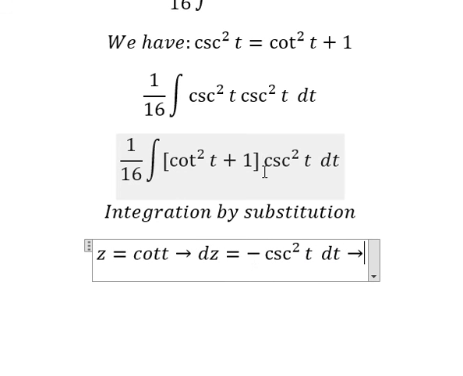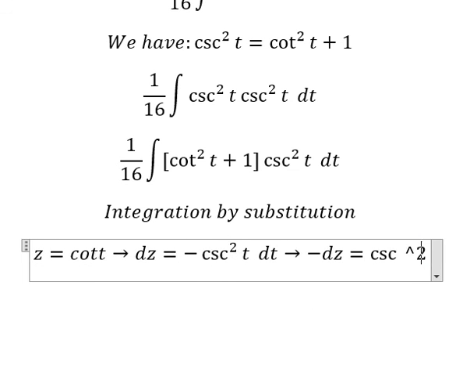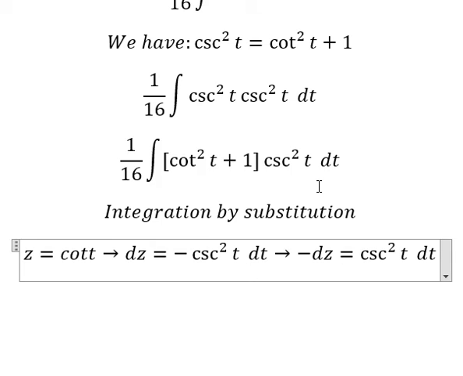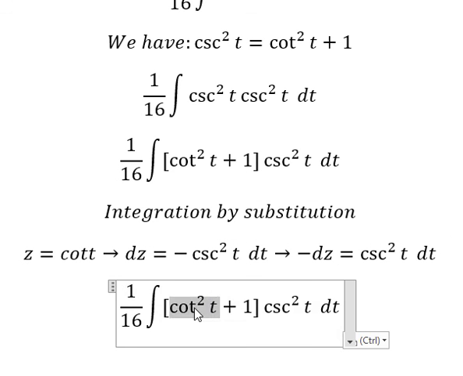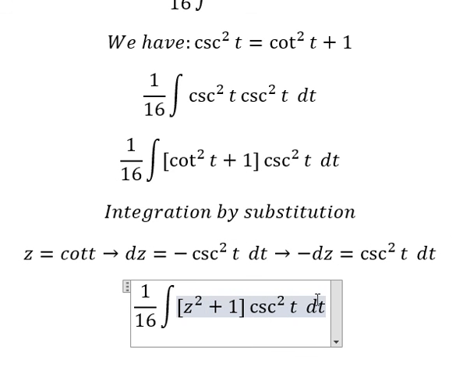Because we don't have the negative sign in here, I will move this one to the left. So this one we change to z square. This one we change to negative dz.